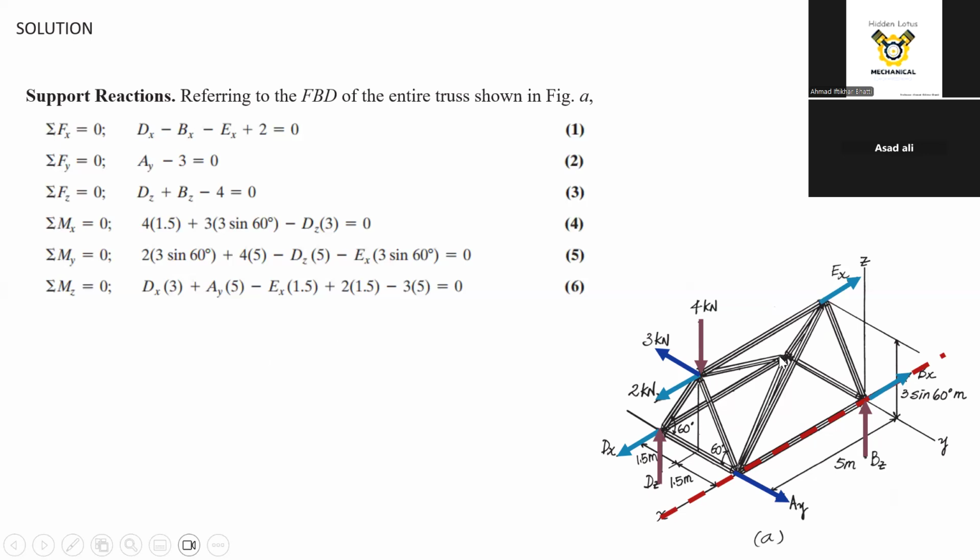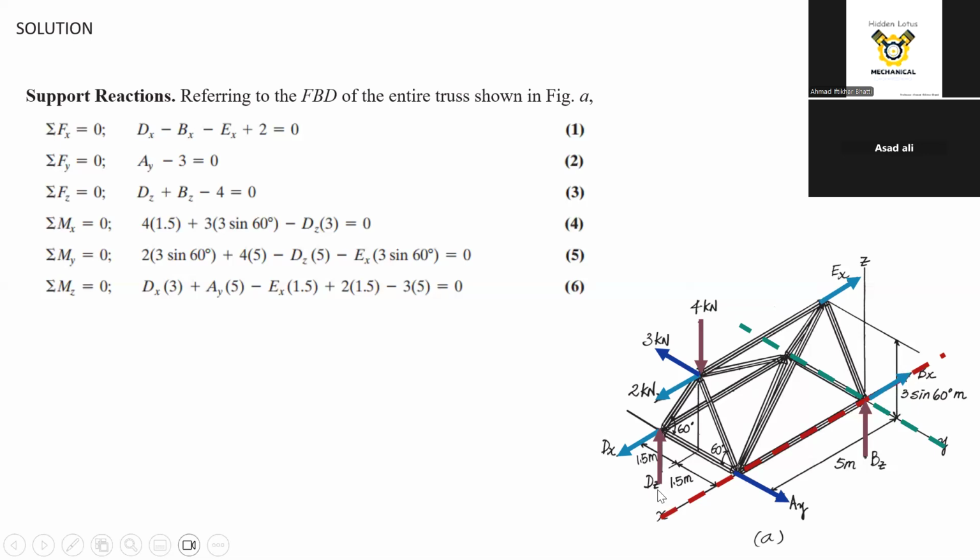And along the y-axis, we have this 2 kilonewton force, and it has a perpendicular distance of 3 sine 60 degrees meters. And we have this 4 kilonewton force, which has a perpendicular distance of 5 meters from the y-axis.